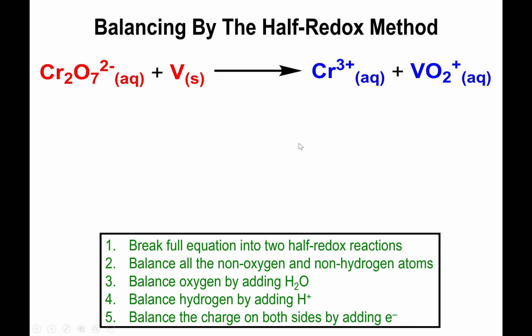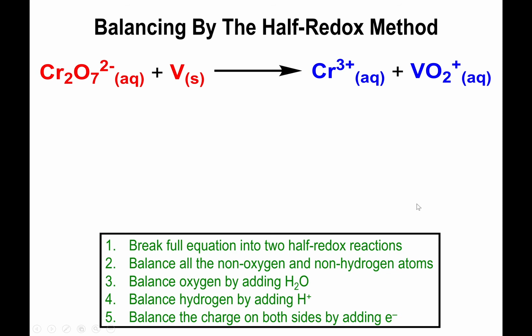And then we're going to completely avoid looking at the individual charges or using the charges to come up with electrons based on the individual atoms. We are going to literally balance the oxygens and the hydrogens first and worry about the electrons last.